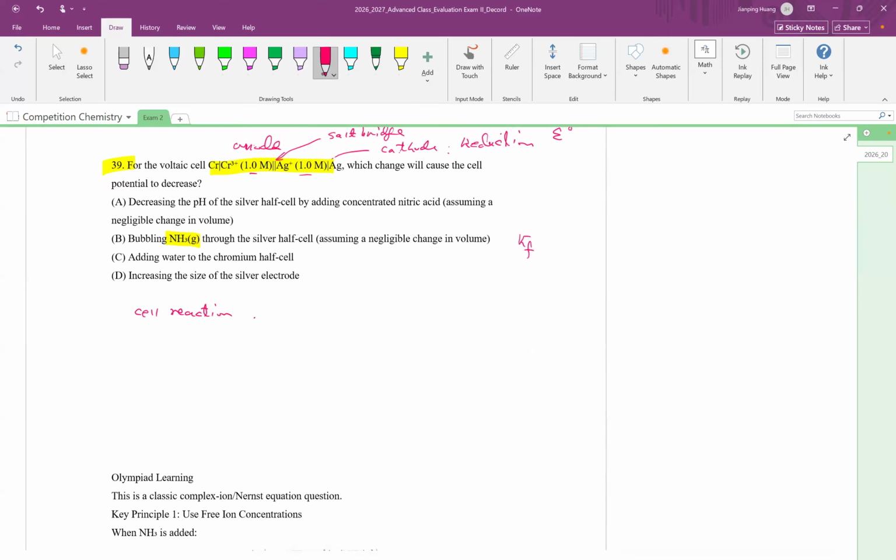Cell reaction, you write anode oxidation. Then you write the cathode. Cathode is a reduction. So you have 3 electrons.